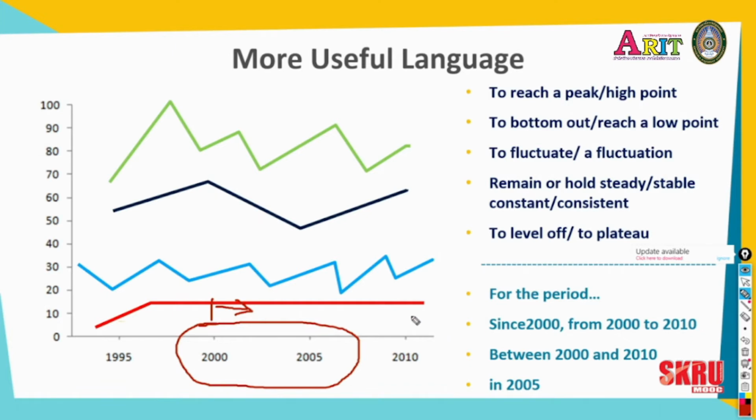From 2000 to 2010, an inclusive area. So a beginning and an end. Pretty much the same as between 2000 and 2010. And if we want to know one particular point, in 2005.